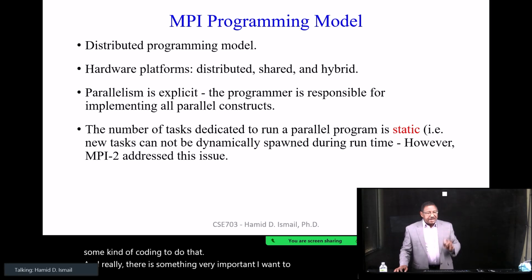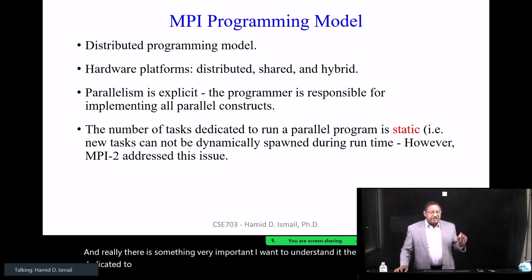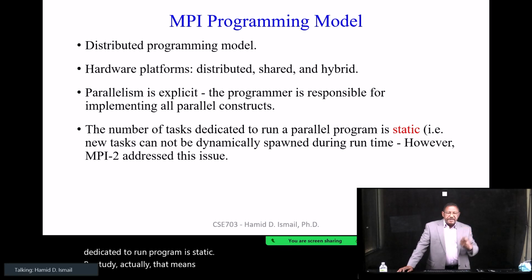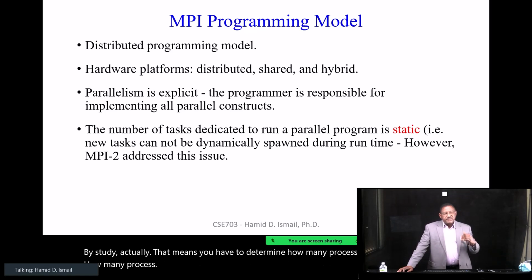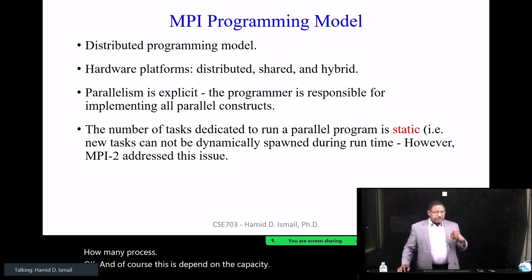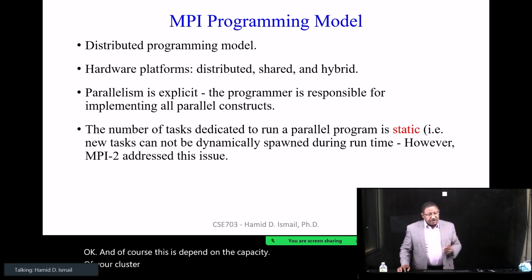The number of tasks dedicated to running a parallel program is static. By static, that means you have to determine how many processes you want to use. Of course, this depends on the capacity of your cluster computing, like how many processors you are allowed to use.